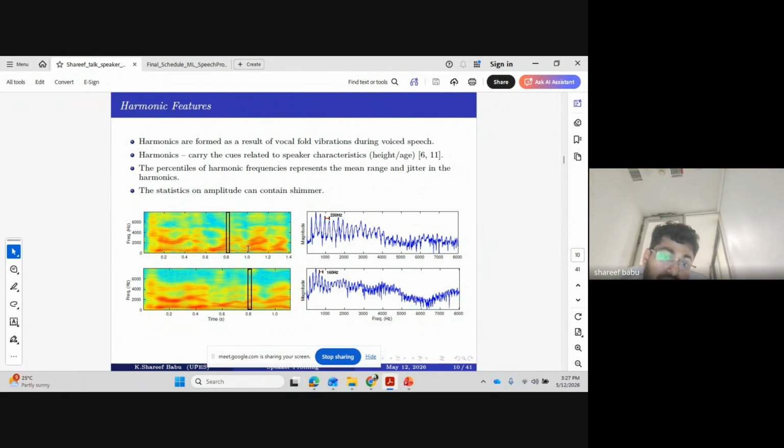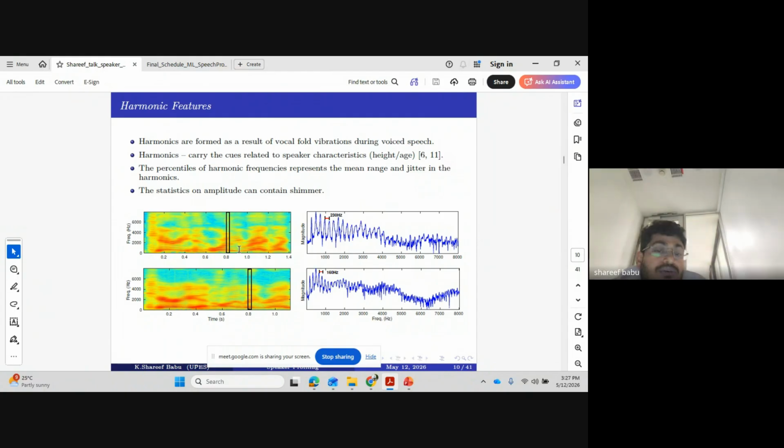In the spectrum representation, these harmonics have a spacing of 230 hertz for the shorter speaker, and the peaks are wider. For the taller speaker, the width is narrower, with only 160 hertz spacing between these peaks.